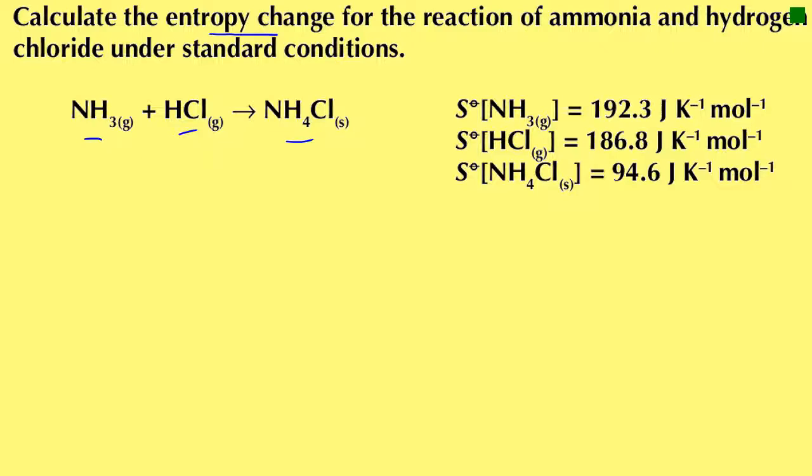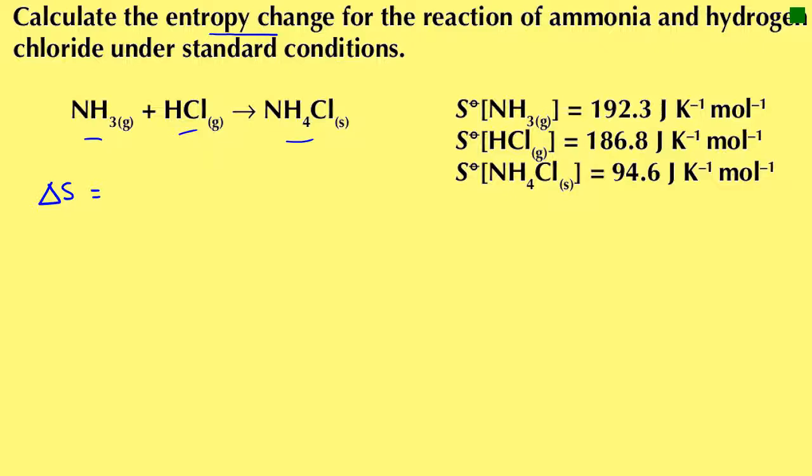So what we're going to do is use a formula for that entropy change. As you know, the delta stands for a change in, and S is entropy, so delta S means entropy change. And entropy change is quite simply the total entropy of all the products minus the total entropy of all the reactants.